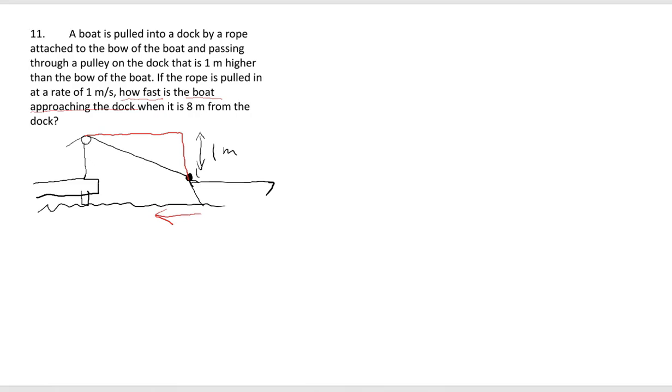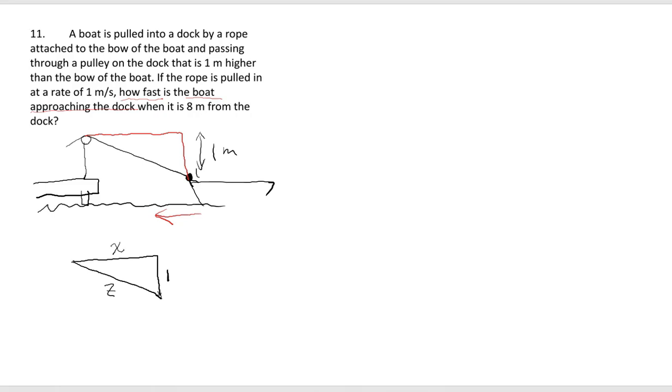So the simplified picture in this case would be a right triangle that looks like this, where 1 is the height of the right triangle. Let's call this x, which is changing, and let's call this y or z. I'll just put z because I've been using z for the hypotenuse, but you don't have to. You can use y. Okay.